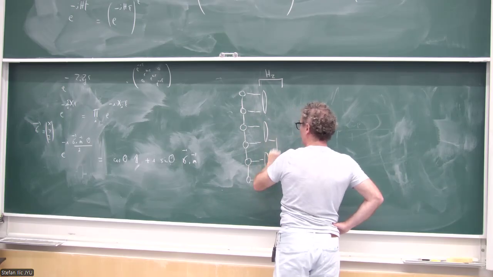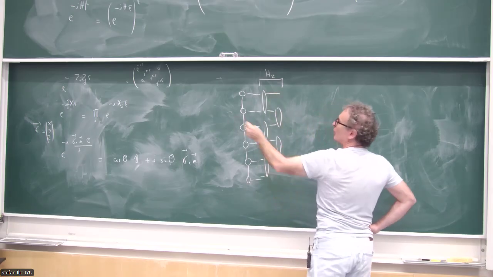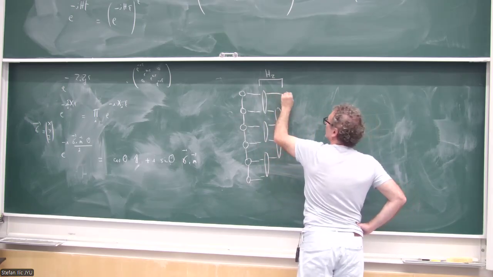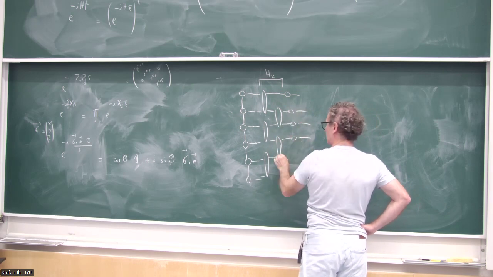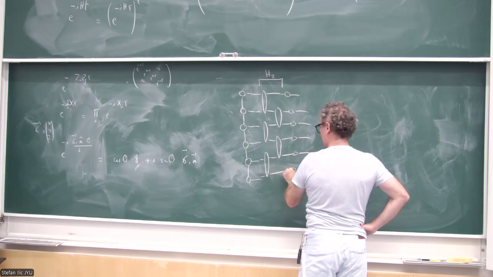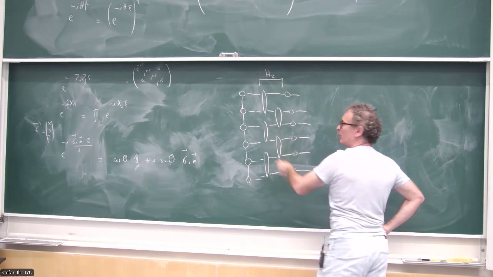And they all commute with each other. For instance, you can put them like that. The Zeeman term is another gate. Act on each qubit. Here you're just using nearest neighbor.